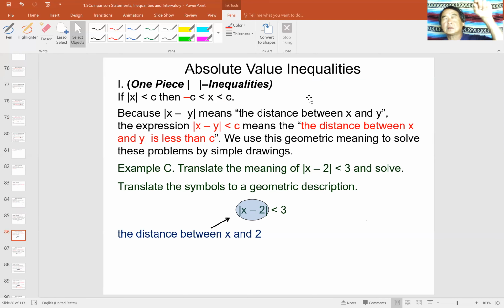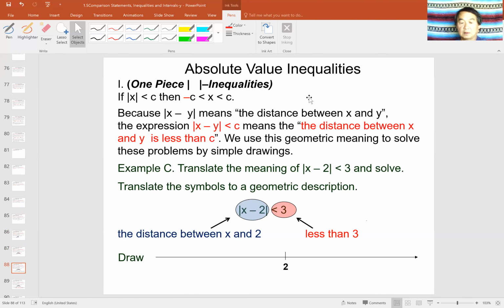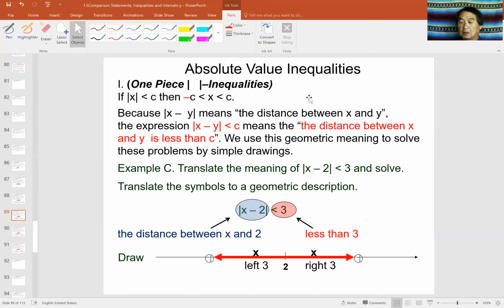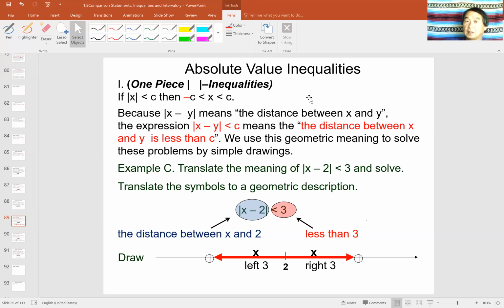That's the distance between your point and the house number 2. It has to be less than 3, within 3. It couldn't be too far off. So it has to be within this boundary of 2. You go to the right from 2, 3 up, and go from the center 3 down, and that's all the x's.